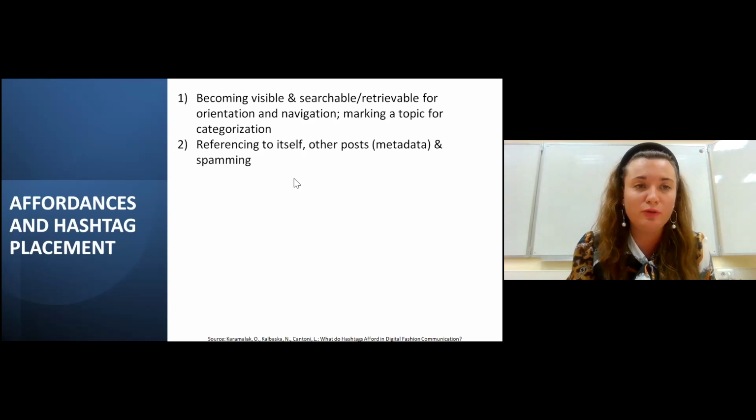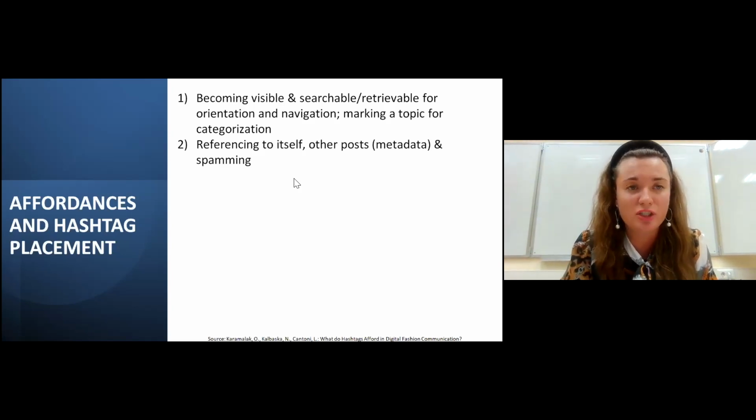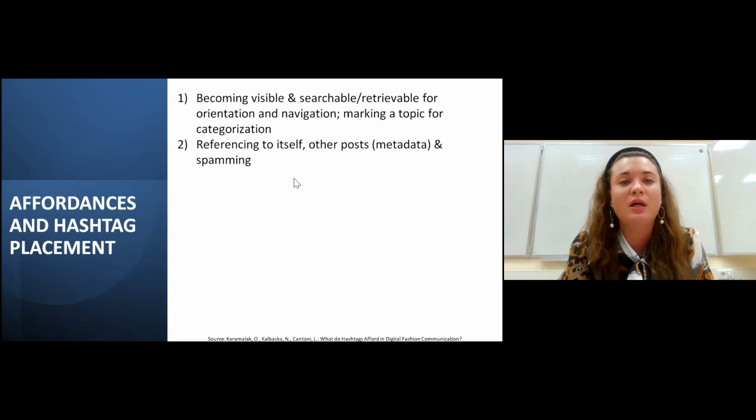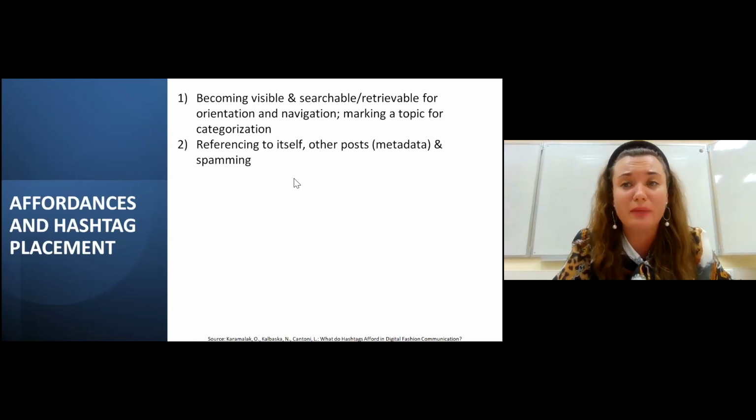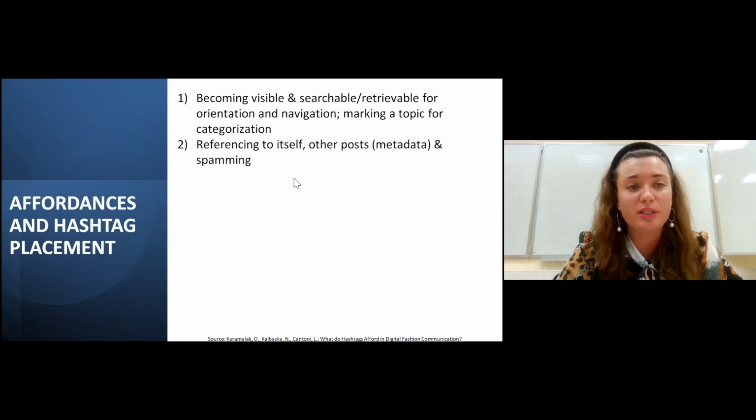And if you tap the hashtag, then you can find other people who have already used the hashtag for the same purpose. So it's referencing to itself other posts. Originally, it was used as metadata. But the negative side of it is that it can be used for spamming.